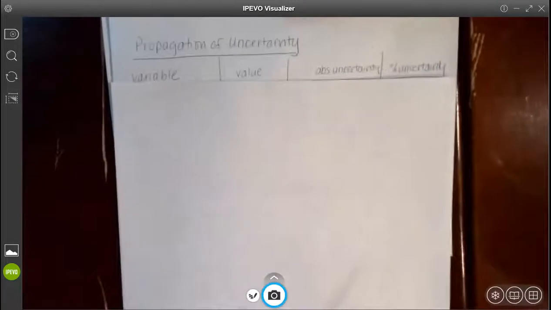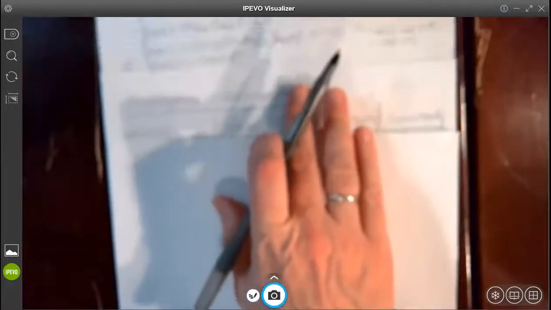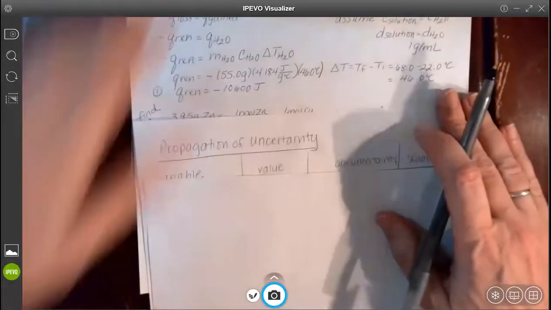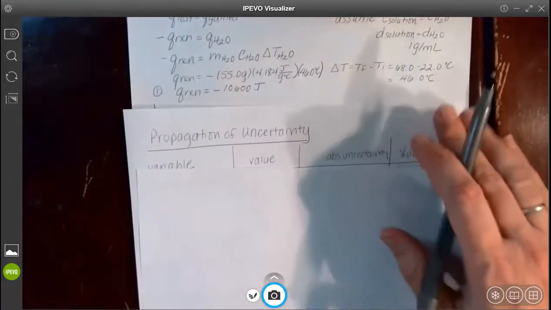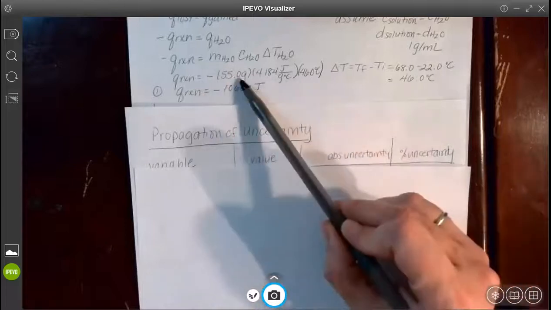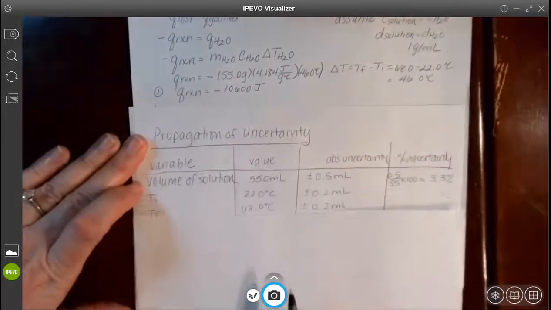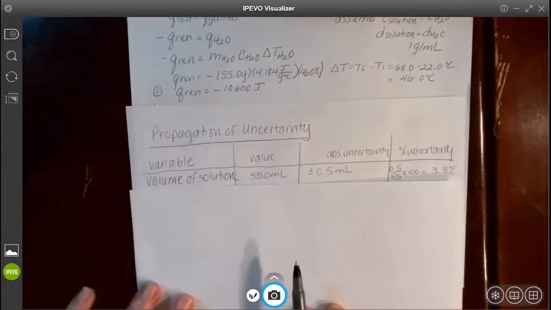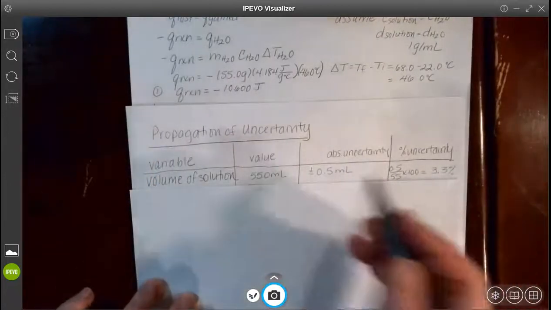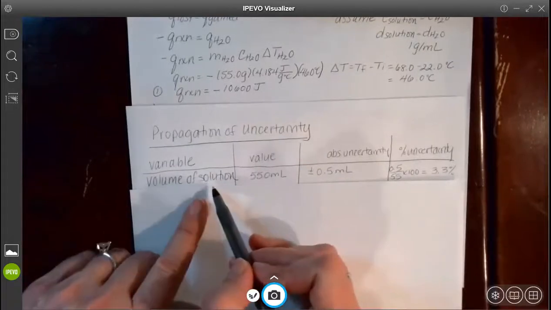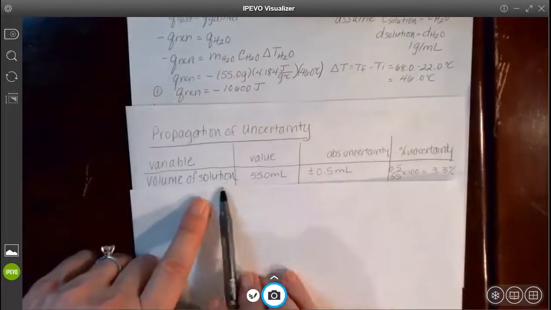So the first thing I did, I'm going to also put my work from the problem here. So let's see here what's going on. All right, the very first thing I needed was my mass of water. And I didn't have mass of water, right? But I had volume of solution. And based on density, that's going to be the same as the mass, okay, in grams.